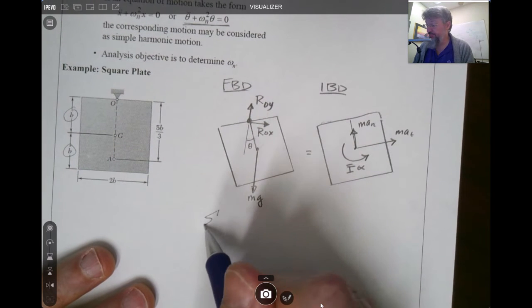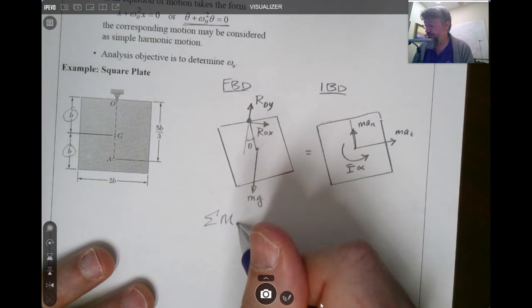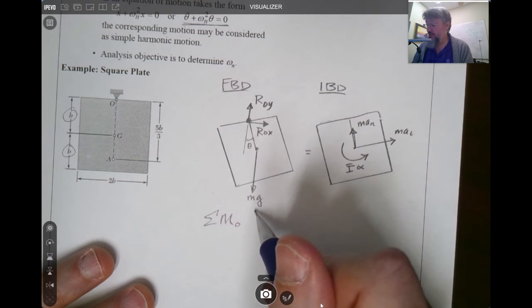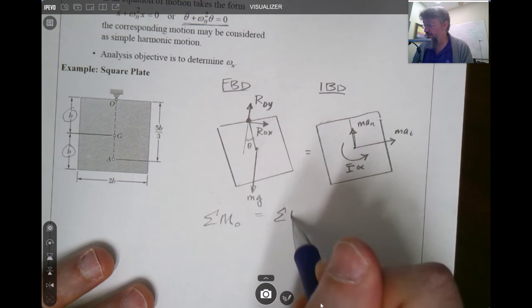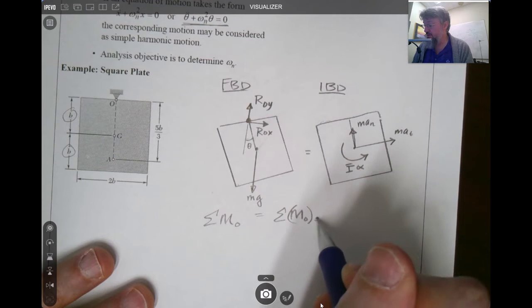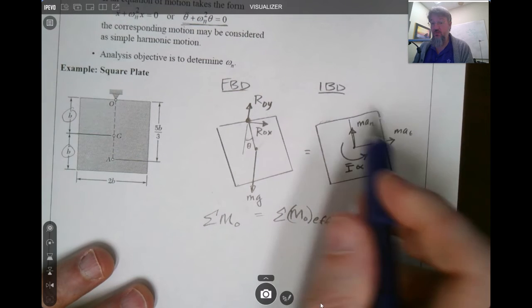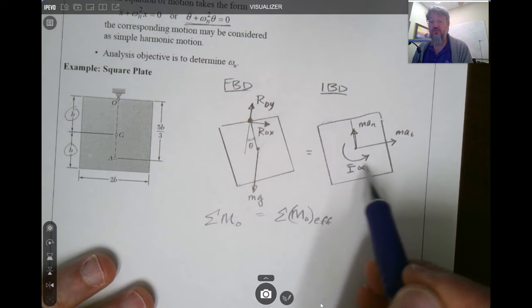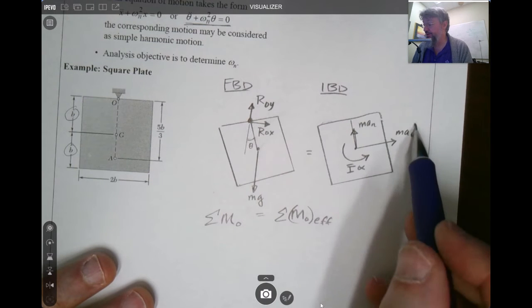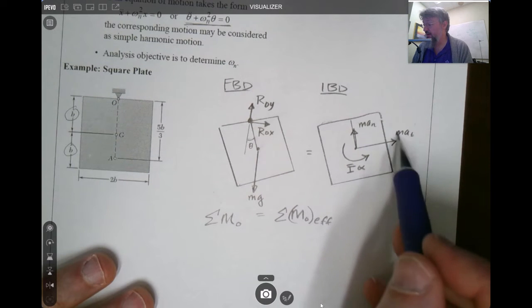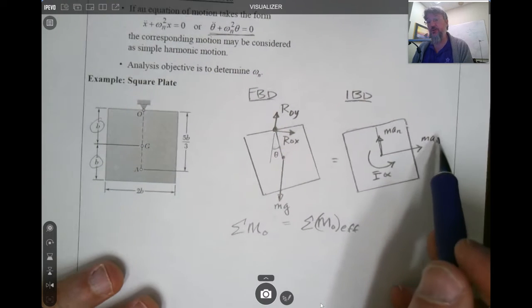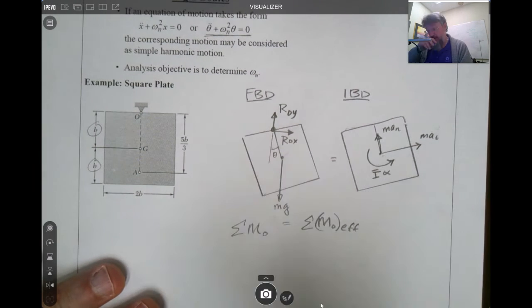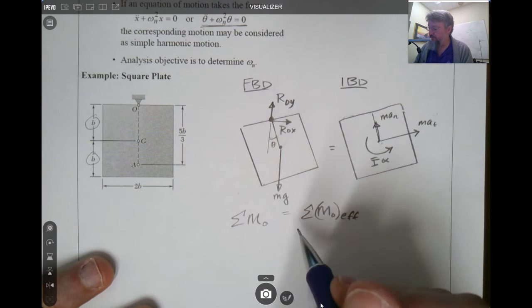So we write up the sum of the moments about O is equal to the sum of the effective moments. And I say that because I want to include not only this moment of inertia times alpha, but also the inertial forces, you can think of them, that are passing through the center of gravity as we go through here.